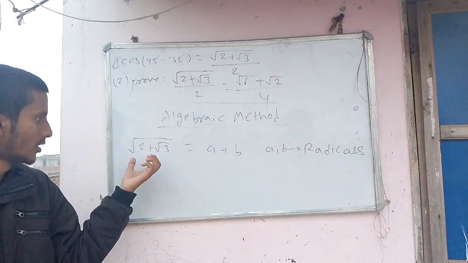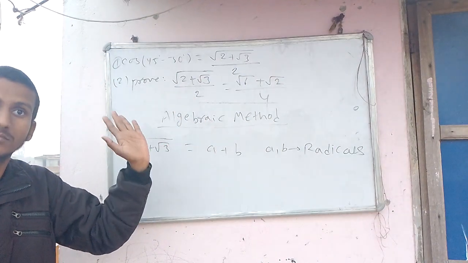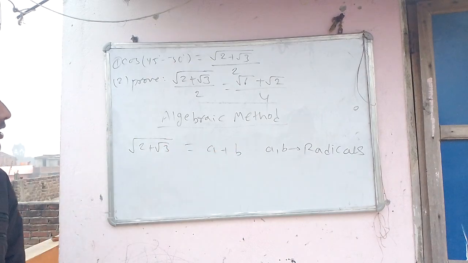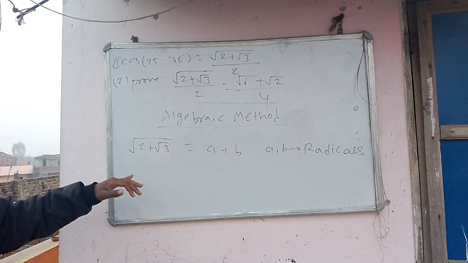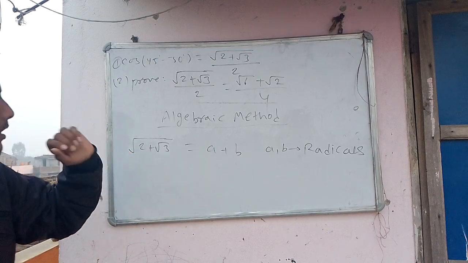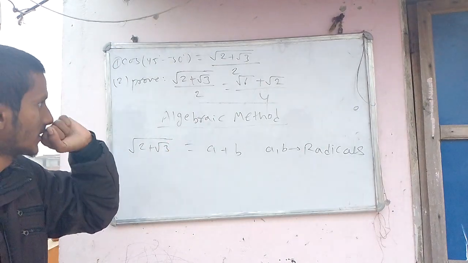So if you write without the square root sign, then both of them will be irrational numbers, radicals, not a pretty number like 2. A and b are radicals.